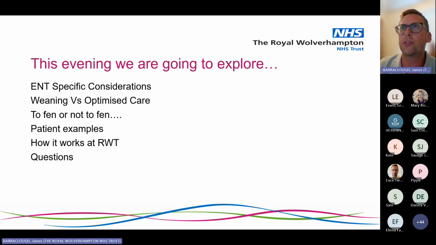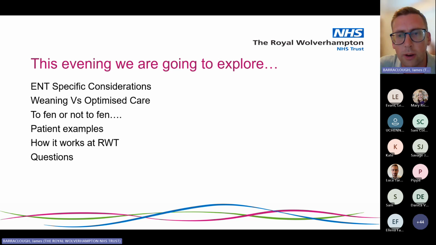We're going to explore some of the ENT specific considerations and our team's considerations for different tracheostomies. We'll touch on some of the weaning and weaning decision making and whether actually patients are able to be weaned or not, because in the community, many patients have well-established tracheostomies and weaning is sometimes possible, and the question has never been raised, but sometimes it's not possible at all.